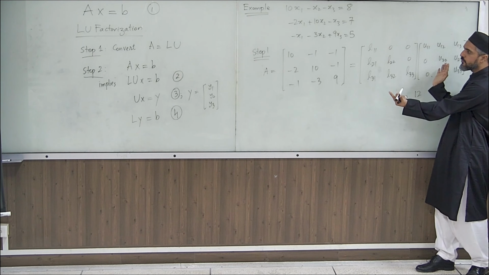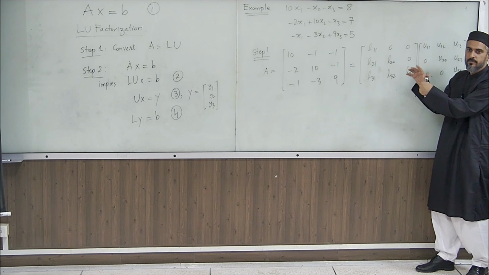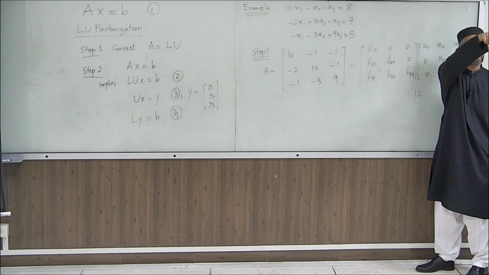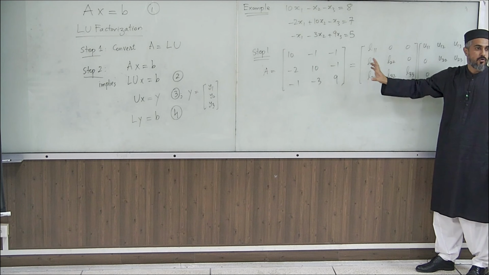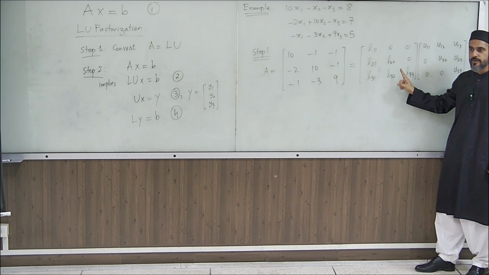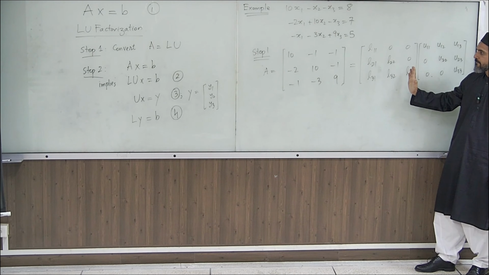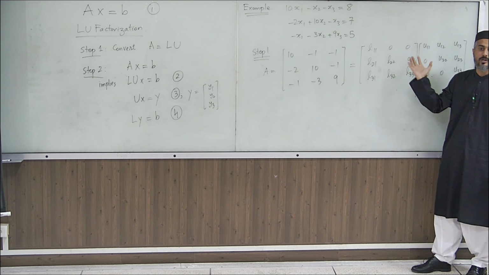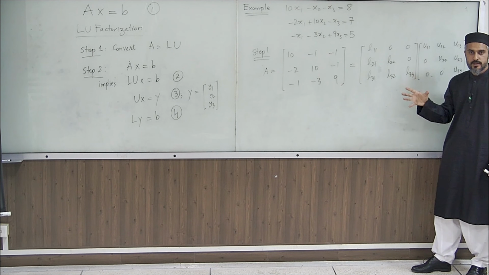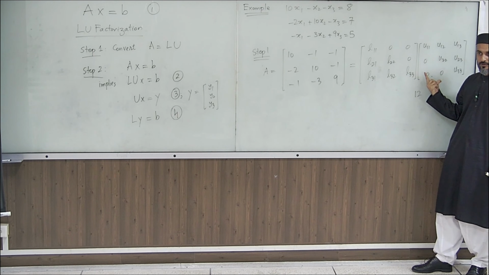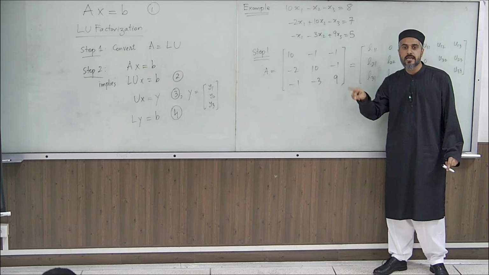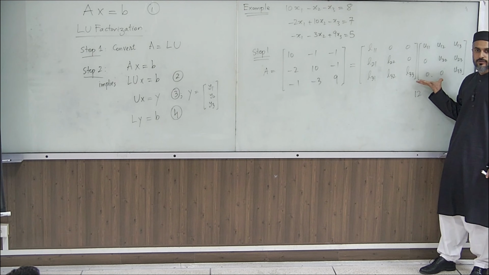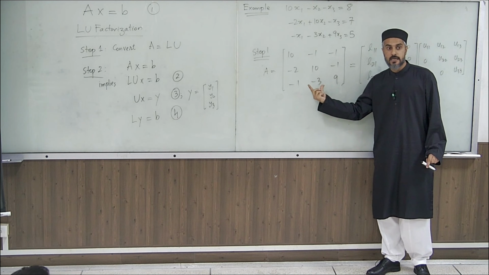Because both matrices are the same, we are going to compare the entries: 9 entries on this side, 9 entries on this side. In other words, we got 12 unknowns and 9 equations.